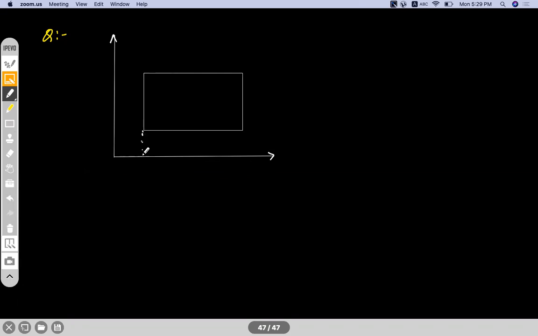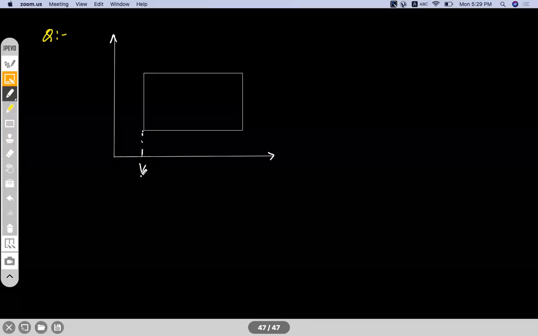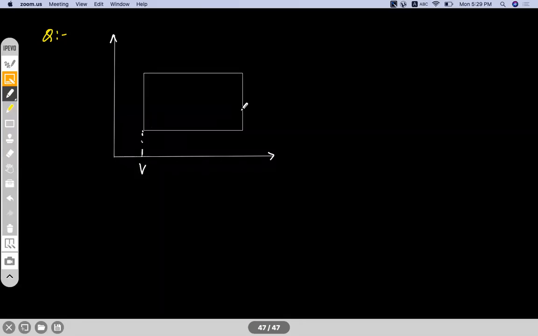Suppose this is volume V, or I'll give you some value, just a second.